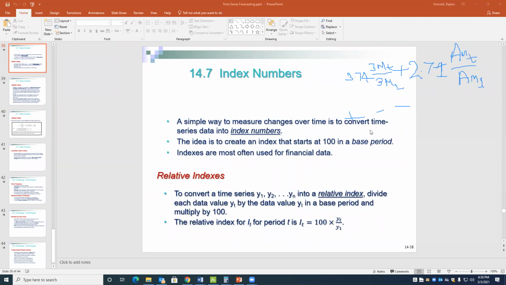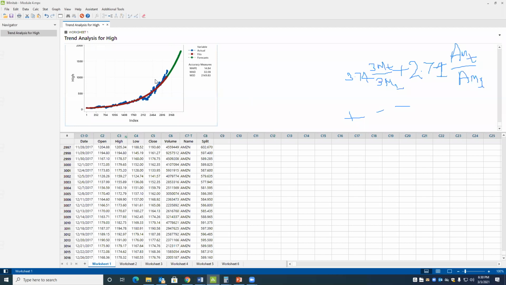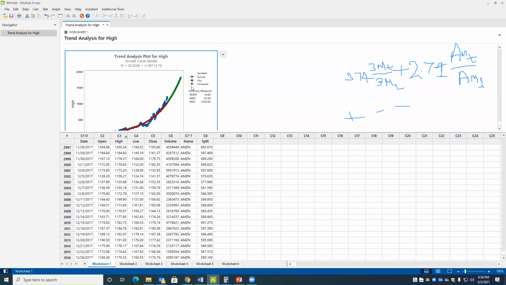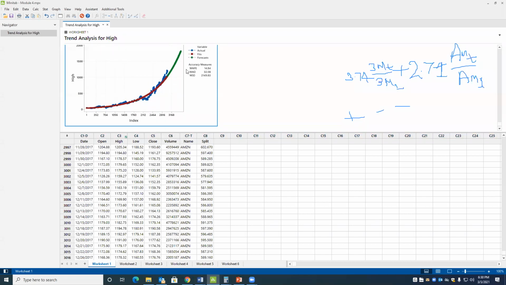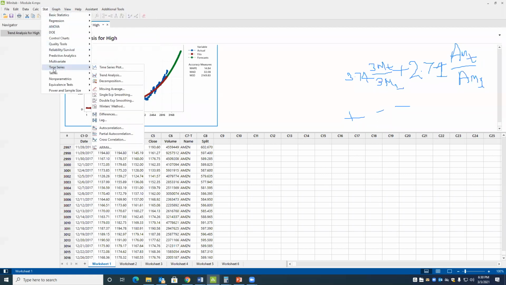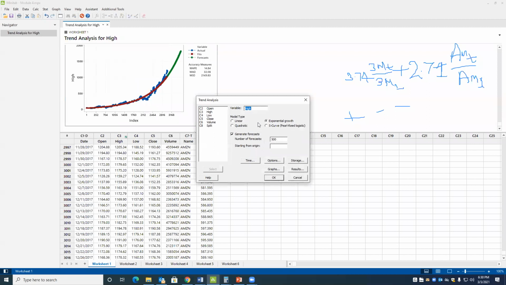Can you talk about how to choose which model is the right fit one more time? Okay. So these accuracy numbers are most important. Let me do all four one by one, compare, and come to a conclusion. Stat, time series, trend analysis. Exponential is already there.